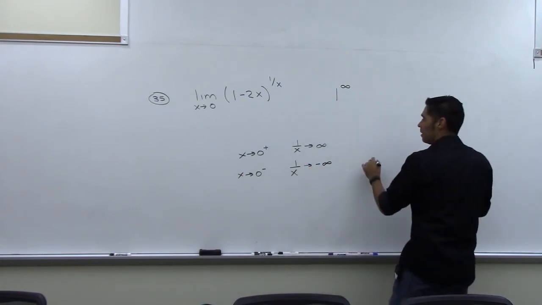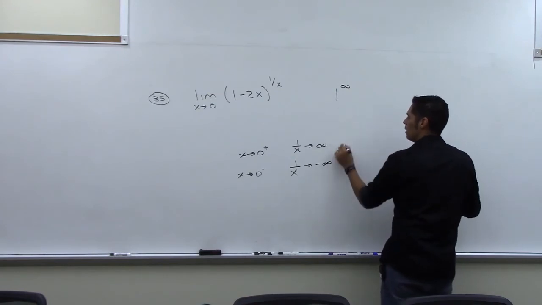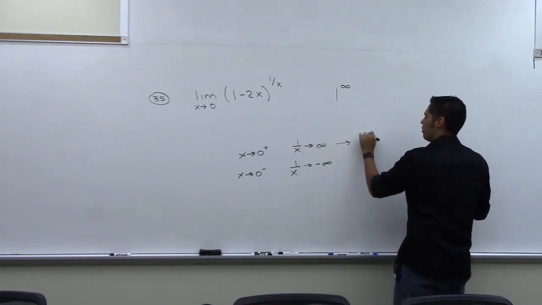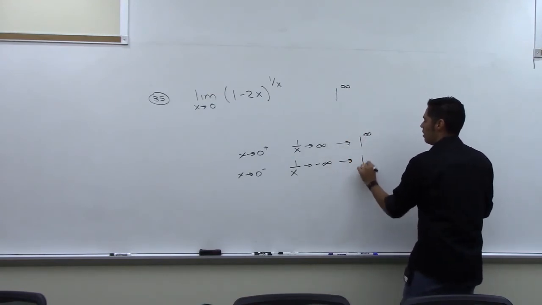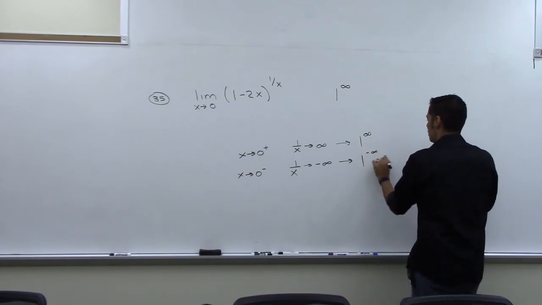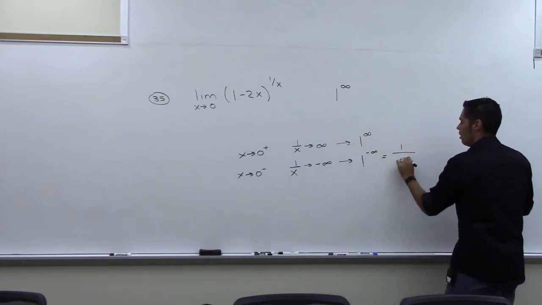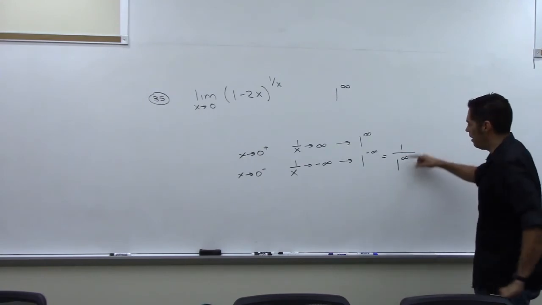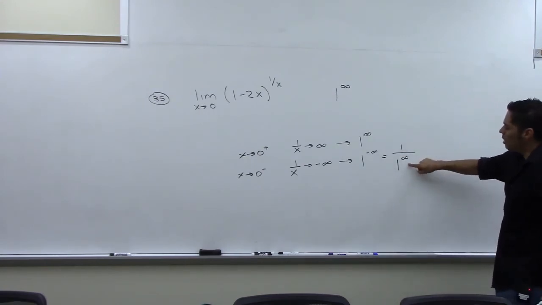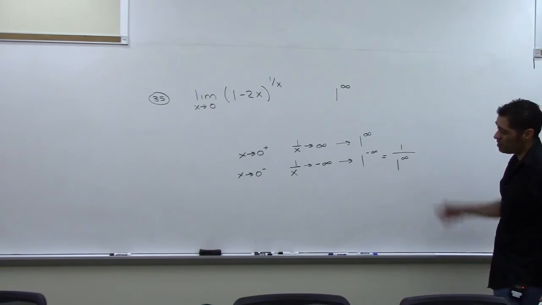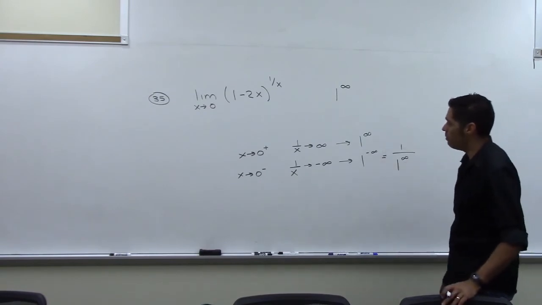And then we would get something like this. I'll put this one over here. This was 1 to the infinity. This one was 1 to the negative infinity, which is the same as 1 over 1 to the infinity. So I could drop it down. And we're still going to have the same problem: what does this go to? We don't know what that goes to. So 1 over it, we won't know what that goes to. So either way, we have a problem.